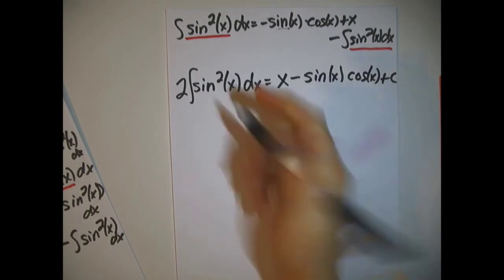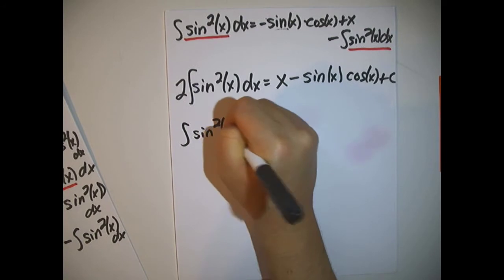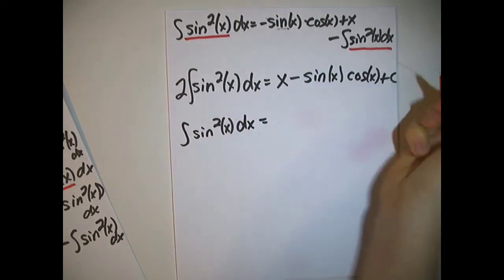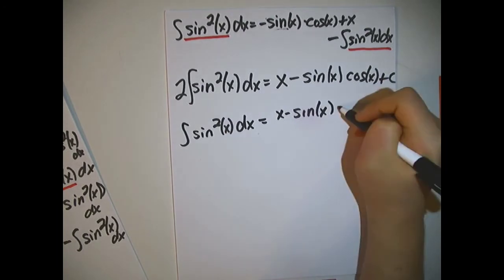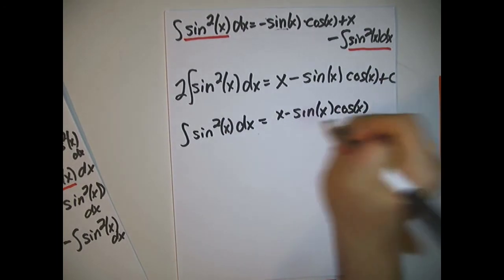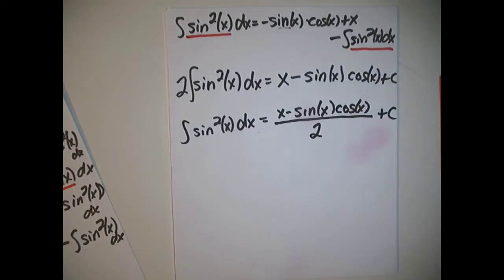And so that means that the integral of sine squared of x dx is x minus sine of x cosine of x over 2 plus c.